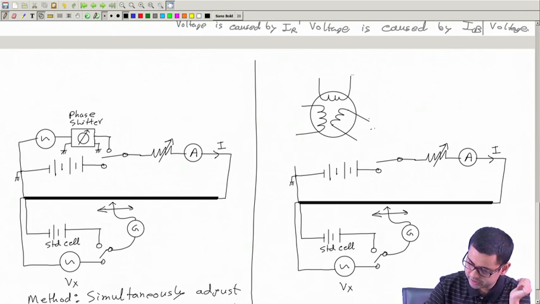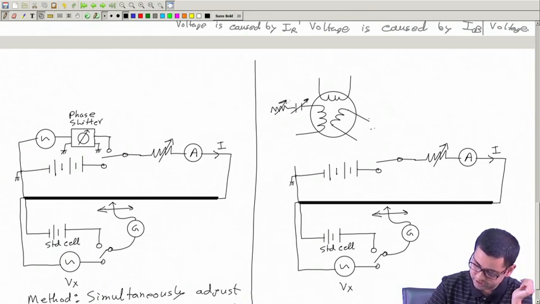To control these two currents, I am putting a capacitor and a resistor in one circuit, and then let this be the AC source which drives both these currents.